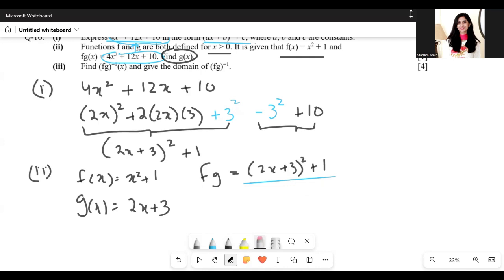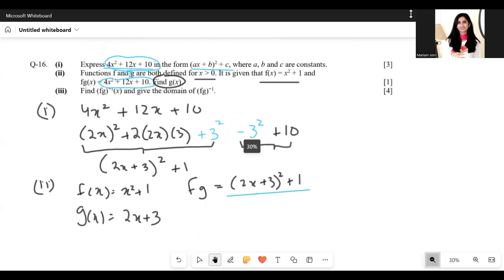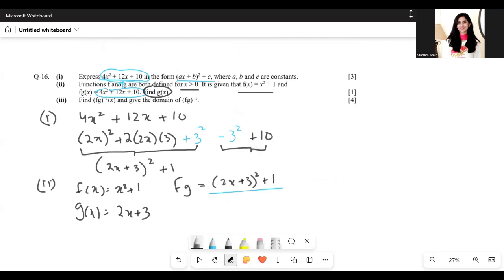Okay. Part 3 is find fg inverse and find the domain of fg inverse. Okay, let's first find fg inverse. So fg is in completed square form. You can only make x the subject when a quadratic expression is in completed square form.